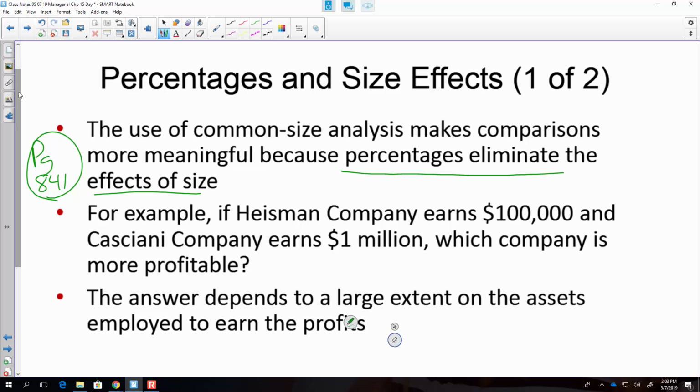I could compare my restaurant's percentages to McDonald's or some other bigger company. Percentages give us the ability to verify or cross-check ourselves against another competitor.